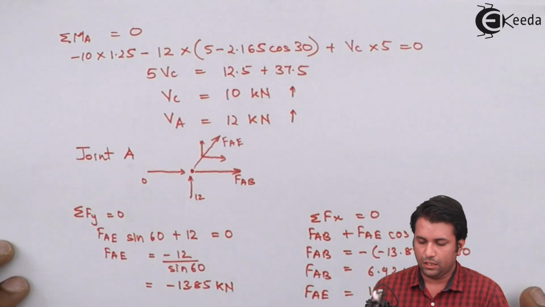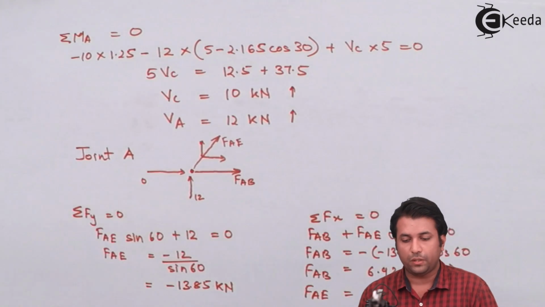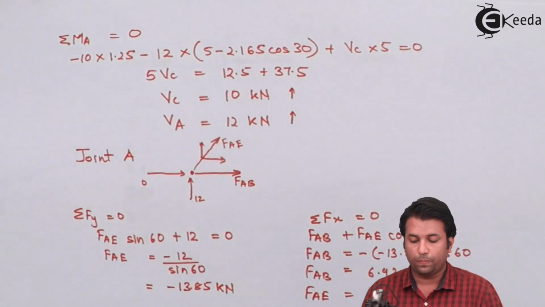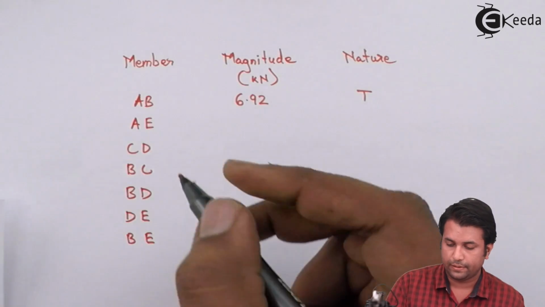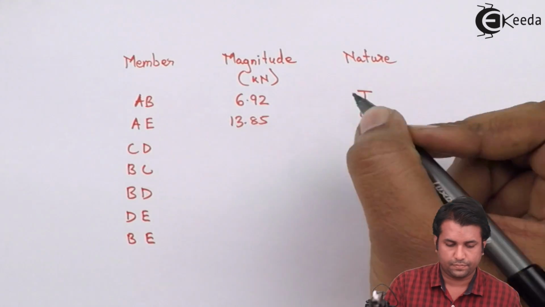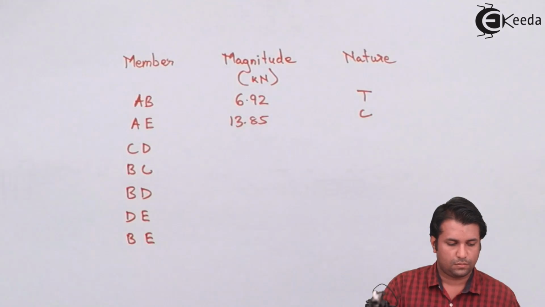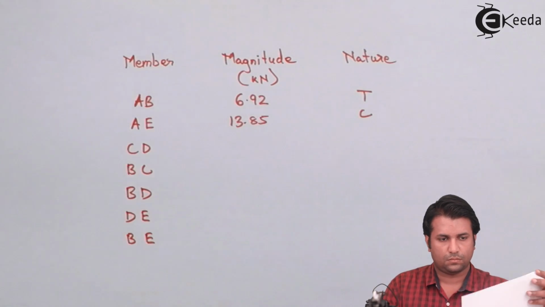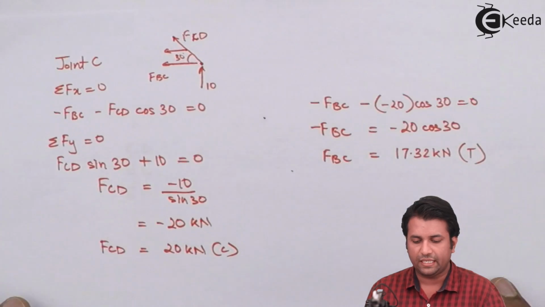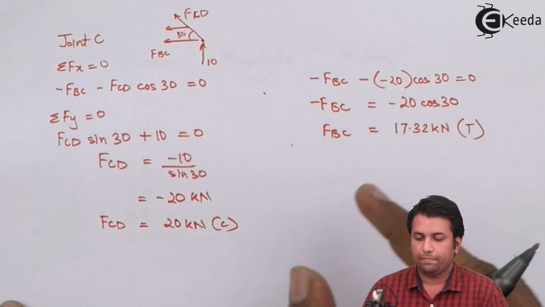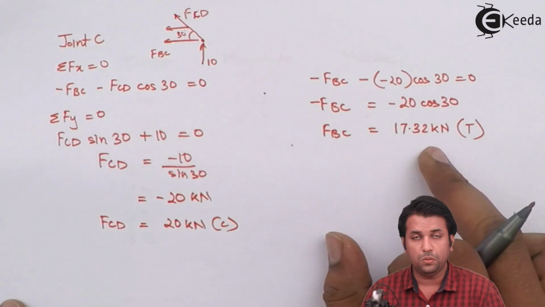You can check it over here. AB is 6.92 tensile force. AE is 13.85, a compressive force. If I take joint C, CD is 20 kilonewtons compressive, BC is 17.32 tensile.